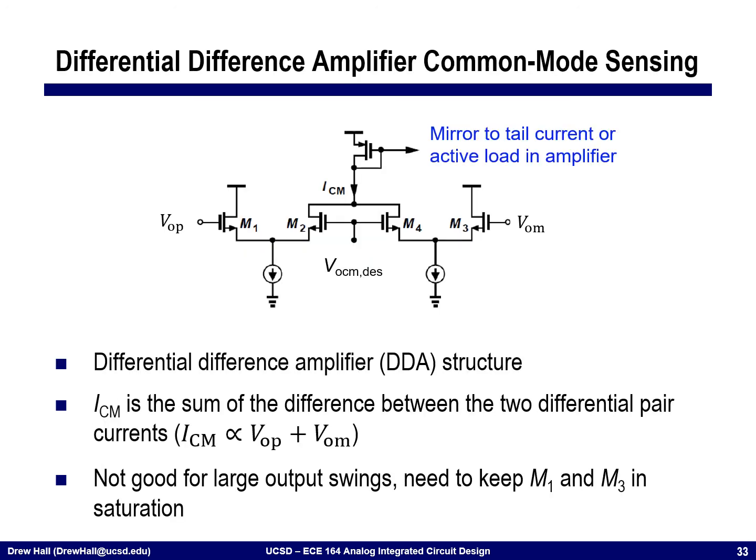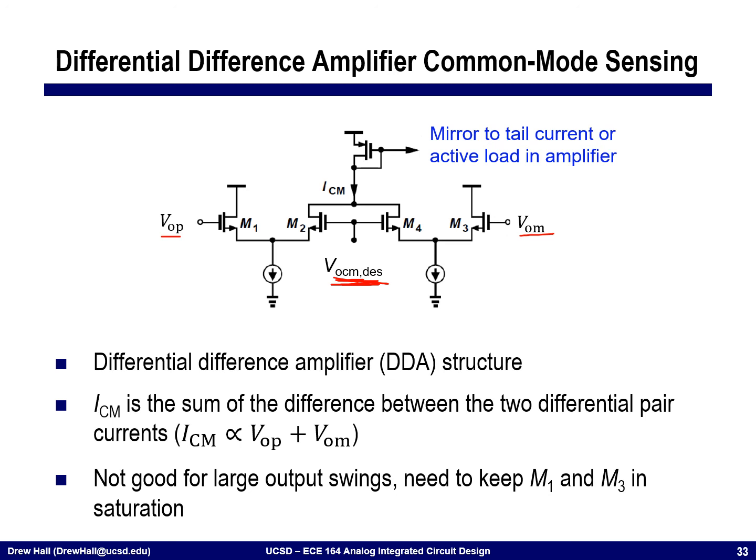All right, so one more way of sensing the output is what's known as a differential difference amplifier, or a DDA structure. The DDA structure is shown up here. Essentially, we have 2 differential pairs where one side is connected to VOM, the other to VOP, and then the middle nodes I'm going to connect to my desired common mode voltage.